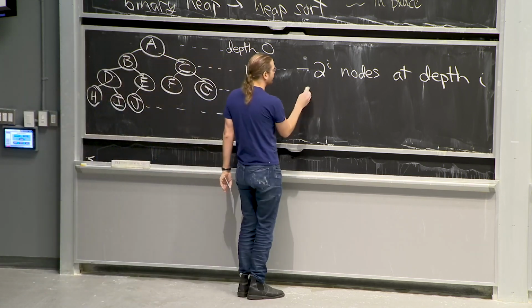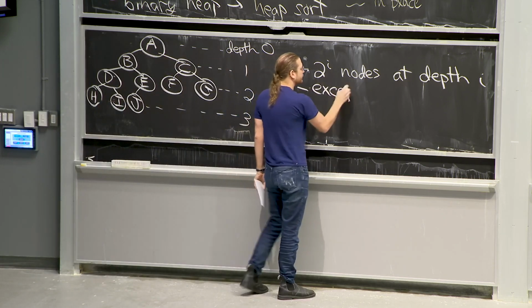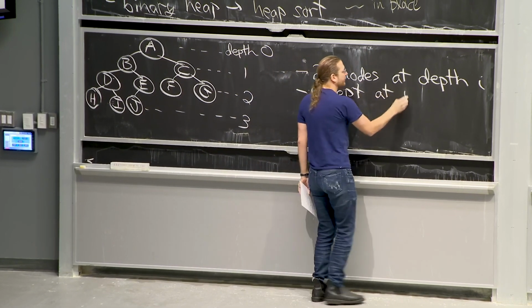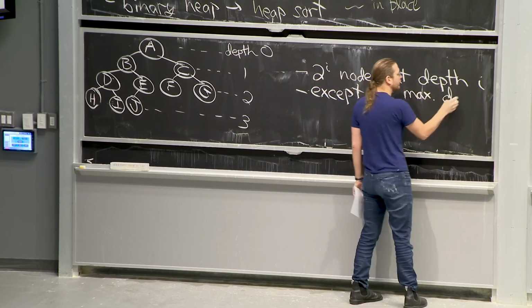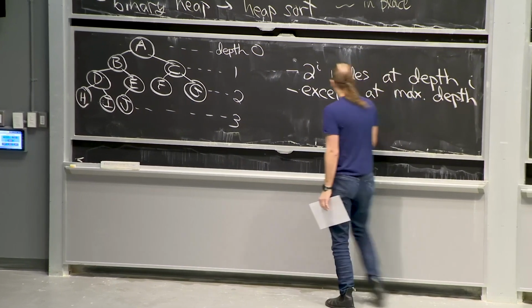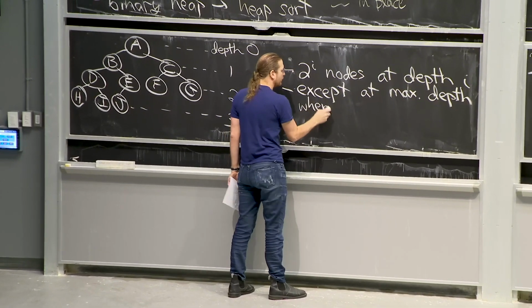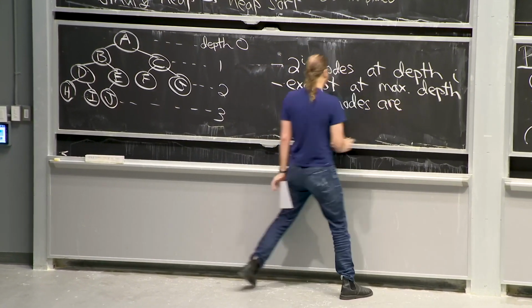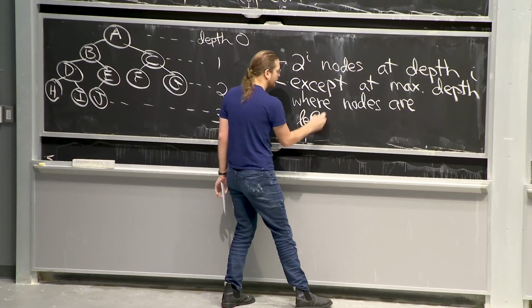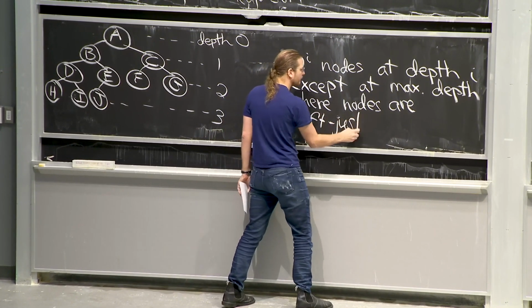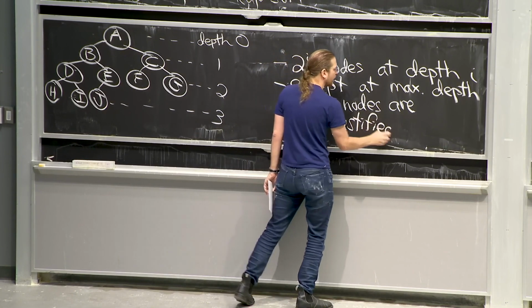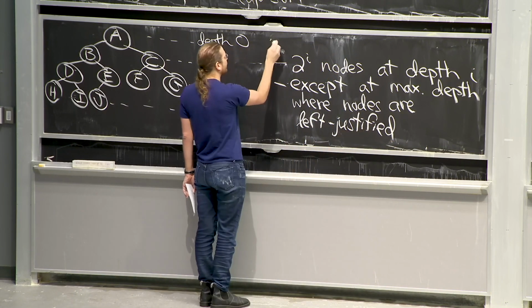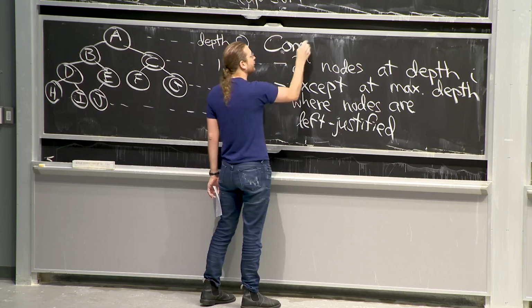So I want to say except at max depth, where nodes are left justified. And these two properties together is what I call a complete binary tree.